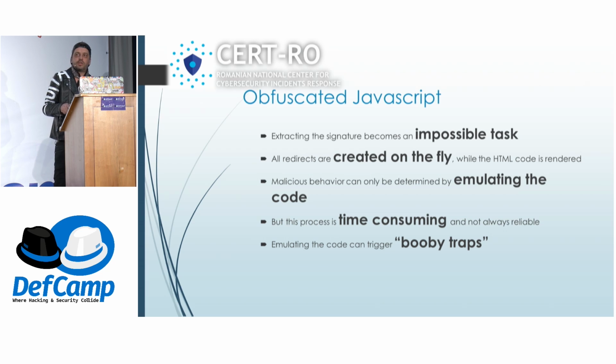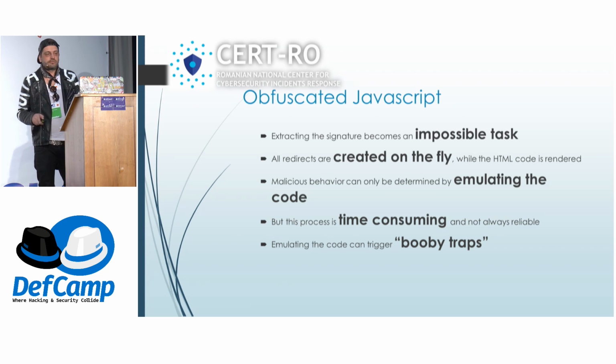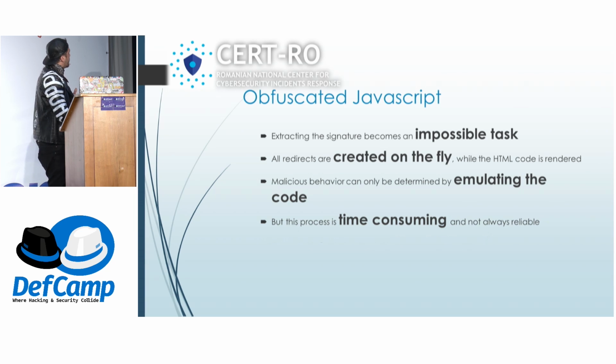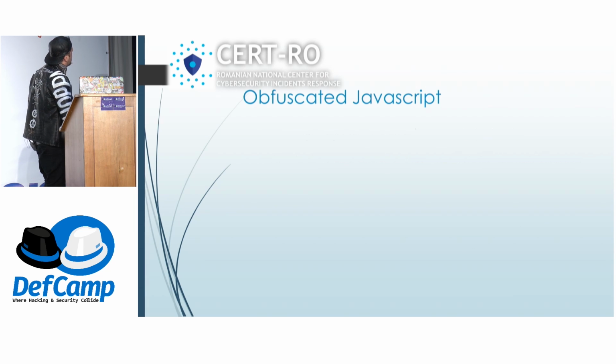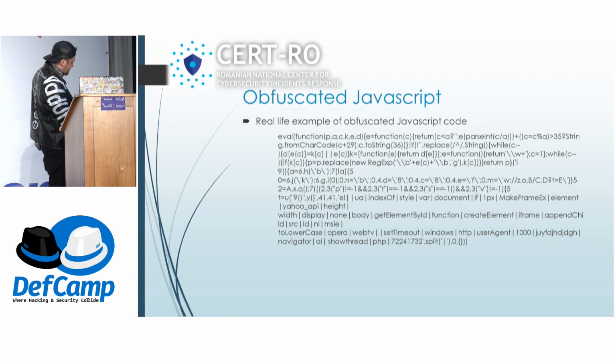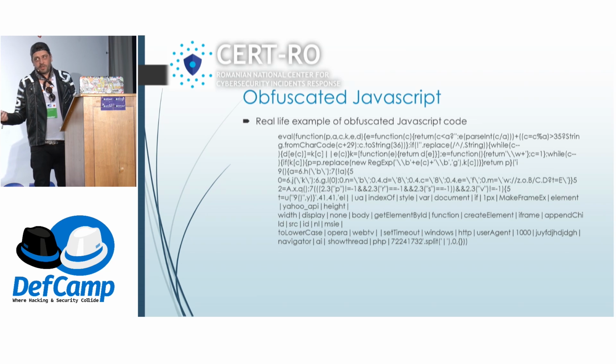Emulating the code can sometimes trigger booby traps, which are put in place by the attacker, especially to deter the analysis. For instance, how I deobfuscated this code was rather simple. As you can see, it's calling an eval function here, which I replaced with the print function, which simply displayed the code for me.